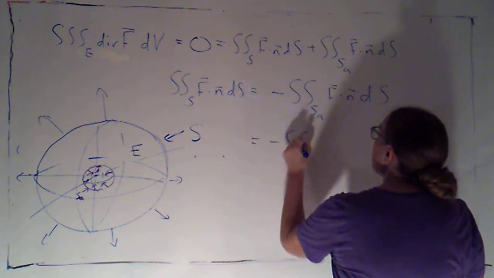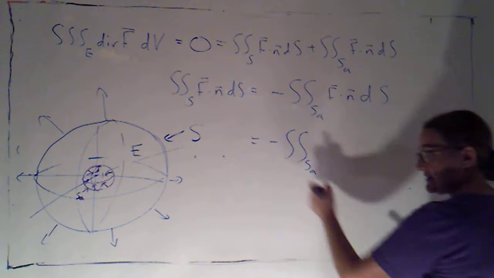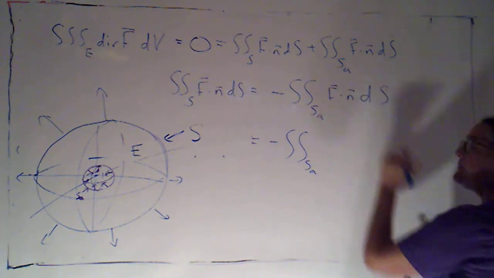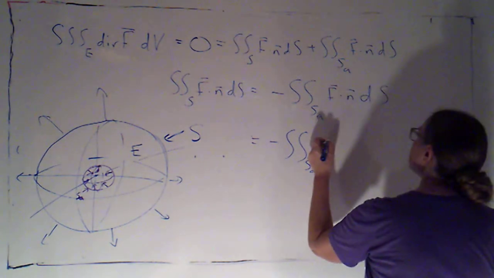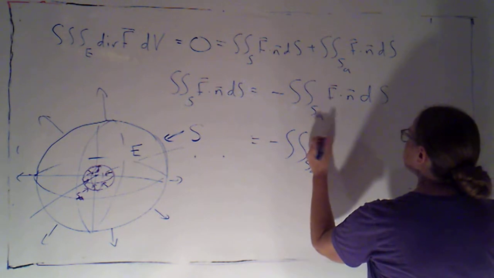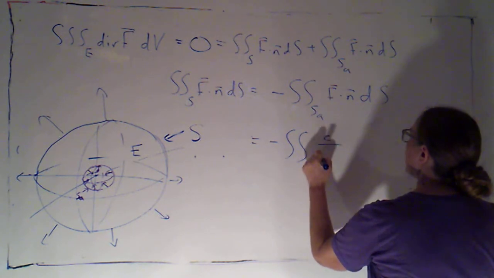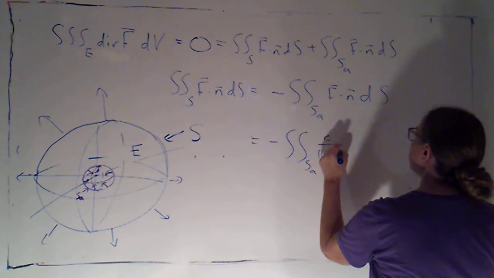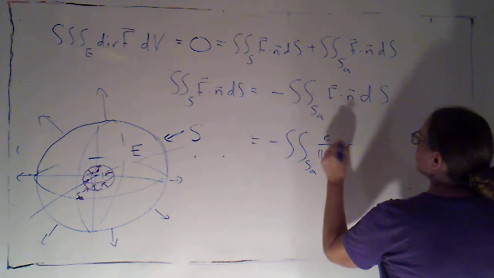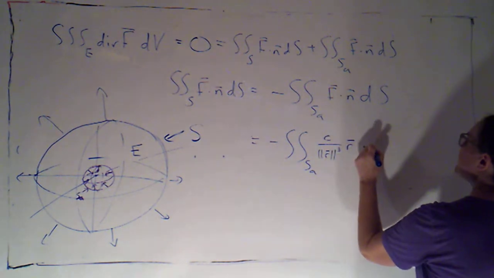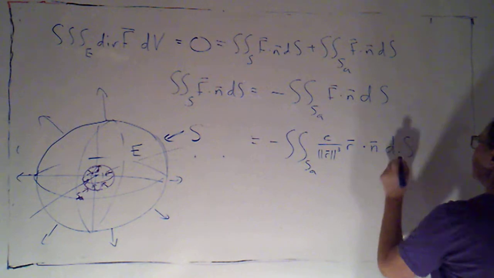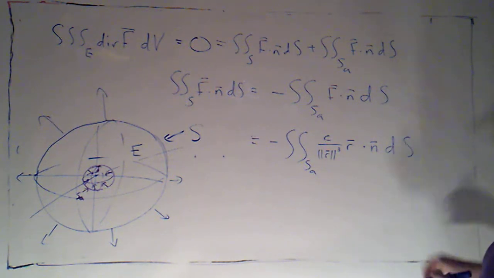So this is the opposite of the double integral along S sub A of, remember that F was just C over the magnitude of R cubed times R, and then we're dotting that with N dS.